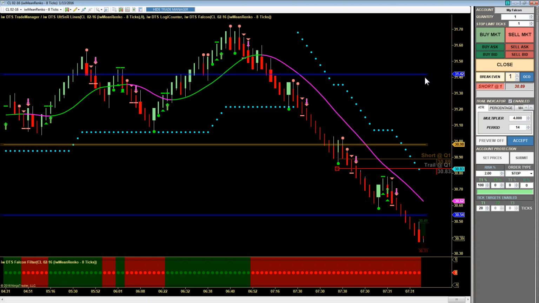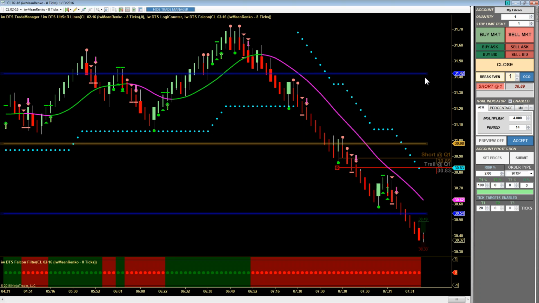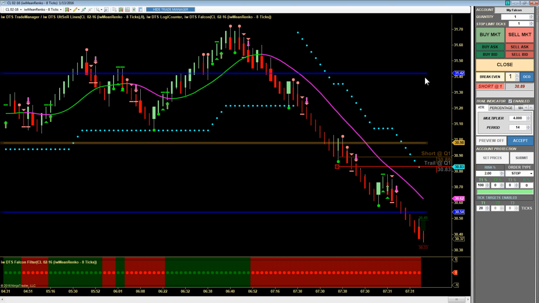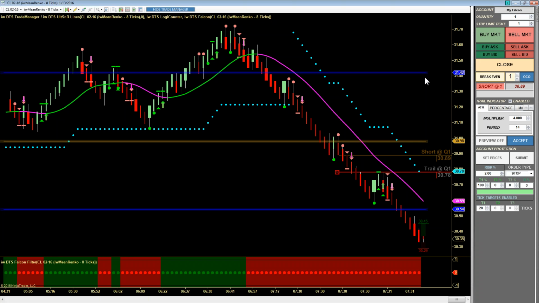Now, what most people don't realize, most people think that the markets move in relative sizes. What I mean to say is they think, well, if the E-mini moves 10 ticks, the NASDAQ's going to move 10 ticks.